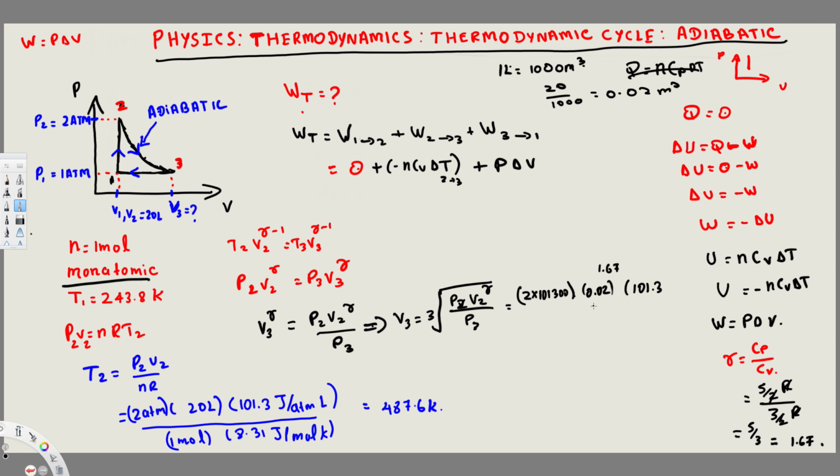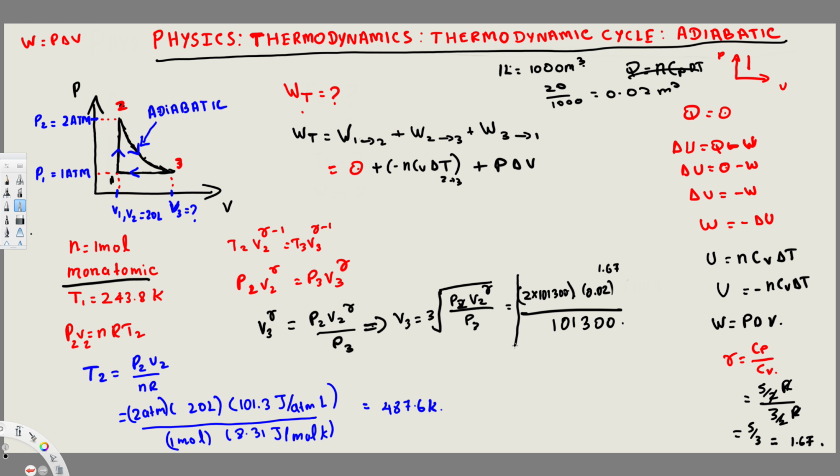It's better to write Newton per meter square because we can see the units cancel each other and finally we get meter cube, right? And then in the bottom we have 1 ATM. I have to convert that one into Newton per meter square too. So I had to multiply that one by 1/300. So this is going to be 1/300.